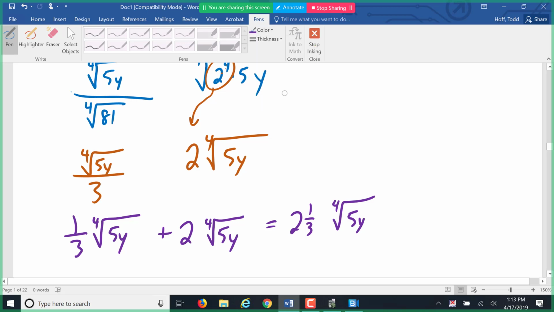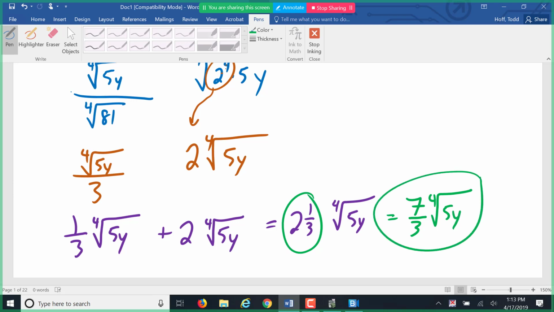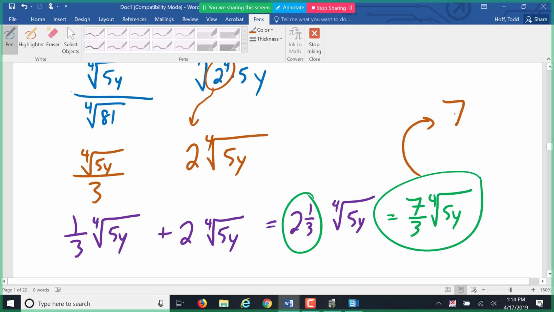And we would typically make the 2 1/3 an improper fraction. So we would either write it as 7/3 times the 4th root of 5y, or most commonly, we would write it with the radical in the numerator of the fraction, so it would look like this. 7 times the 4th root of 5y over 3.